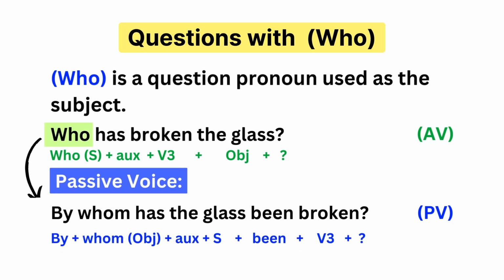Here, who changes to whom, because whom is the objective case of who. Remember to use a suitable auxiliary verb for the subject of passive voice. In this sentence, the passive subject is glass, and a suitable auxiliary verb for this subject is has. We cannot use have, since our subject is singular.